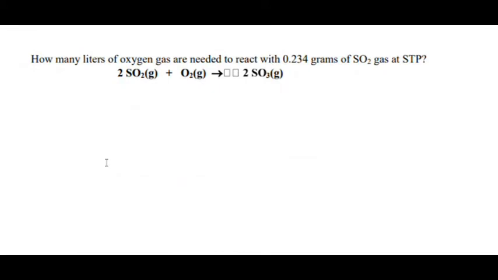Let's try another one. Same pa rin yan. Gusto nga i-convert, how many liters of oxygen are needed to react 0.234 grams of sulfur dioxide gas? So, in STP. So, let's set up the equation.